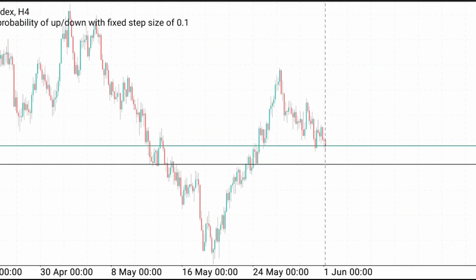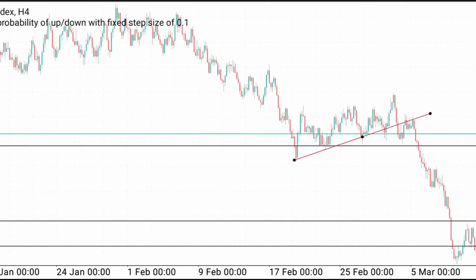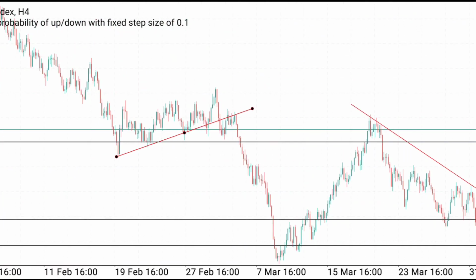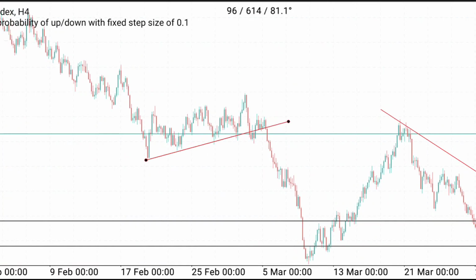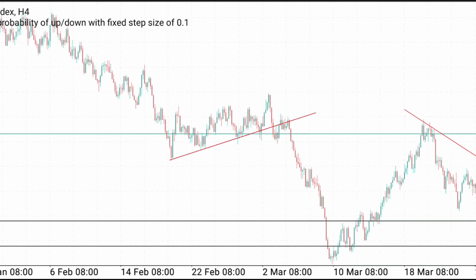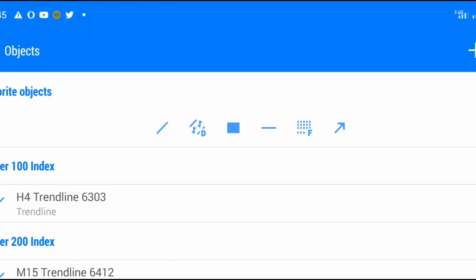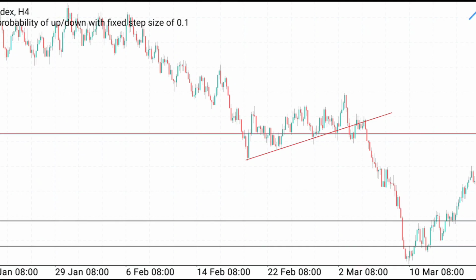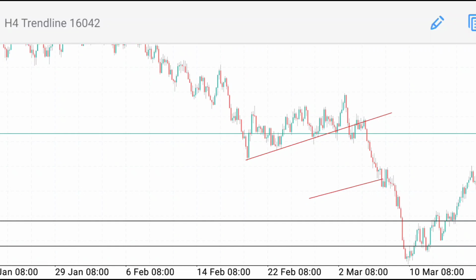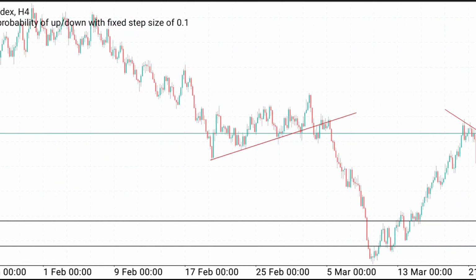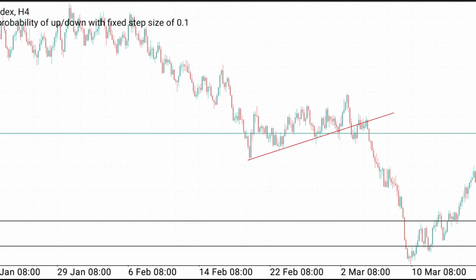Yes, from here to here. Let me remove this. Here it is. So now looking at this, we have a flag pattern, which indicates that it is definitely going to move down.